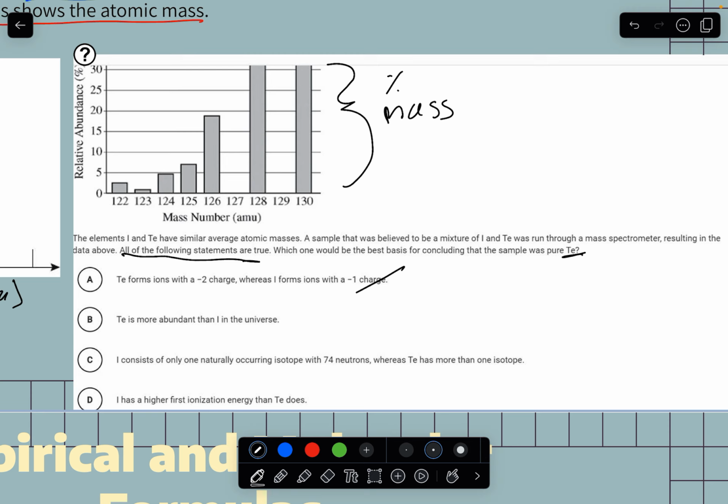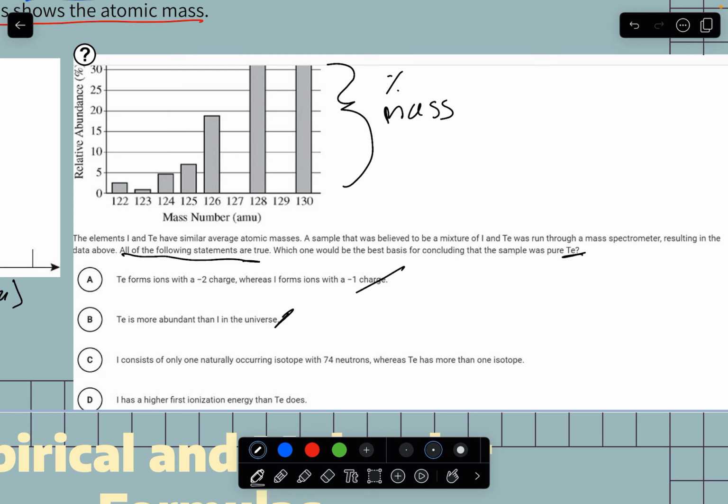B says that tellurium is more abundant than I in the universe. Although that's true, this graph is just looking at a 100% abundance. It's looking at a single element. So we're not comparing elements in this graph.